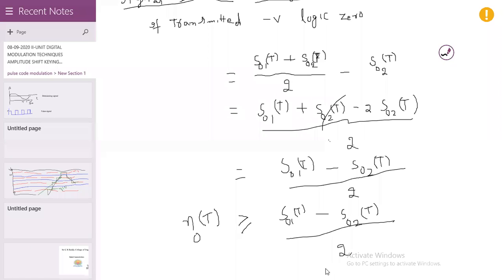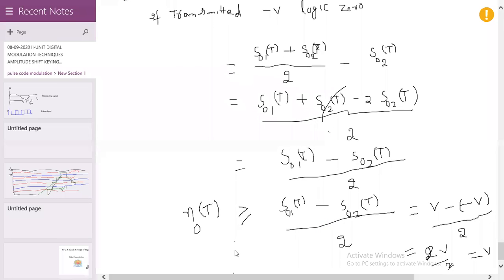So here we can substitute: S naught 1 of t is, let us say, V minus of minus V, over 2. Here 2V by 2, the 2 gets cancelled. Here the output voltage is positive voltage. That means N naught of t is greater than or equal to plus V volts. That indicates that there is an error. That is the limit of that one.